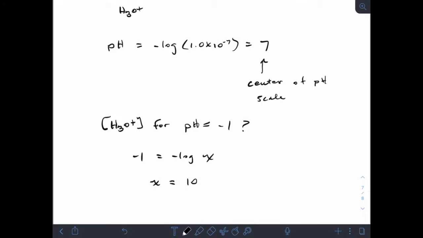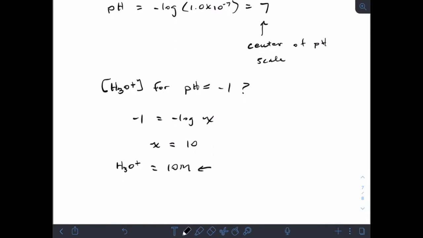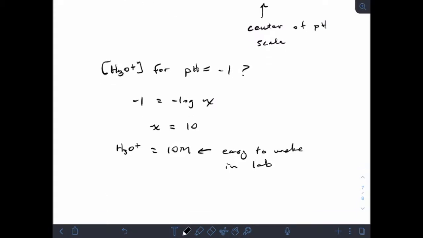So that means that H3O+ is 10 molar, which is easy to make in the laboratory. For example, concentrated HCl is 12.1 molar. So concentrated HCl will actually have a pH of less than 0.